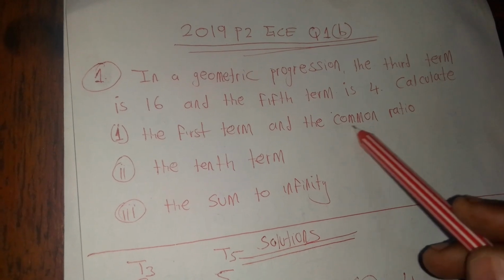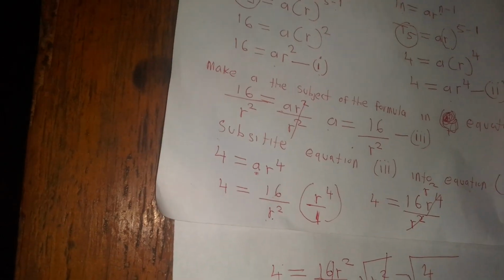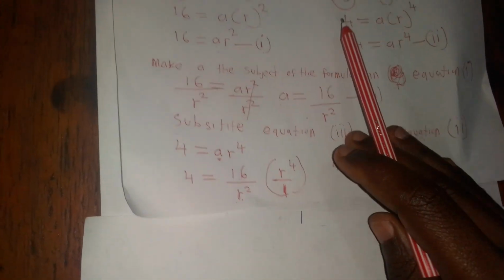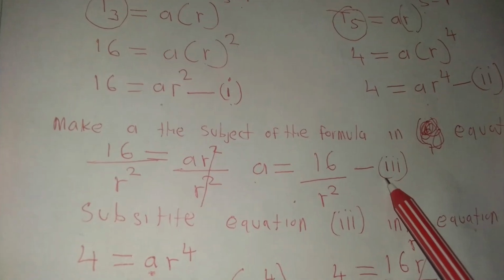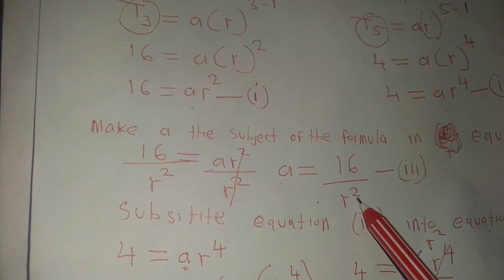So for the common ratio we are done, which is R. Now the first term is easy to find now. To find it, we can use equation 3. On equation 3, A is equal to 16 over R power 2.